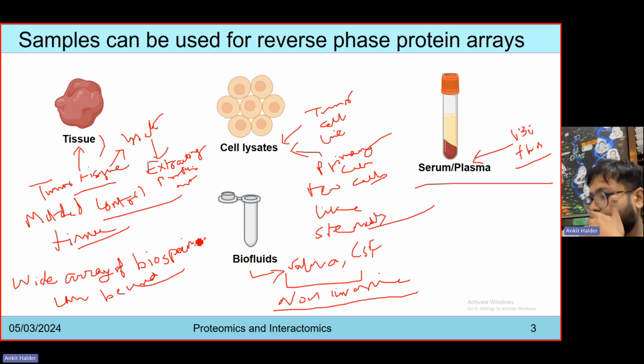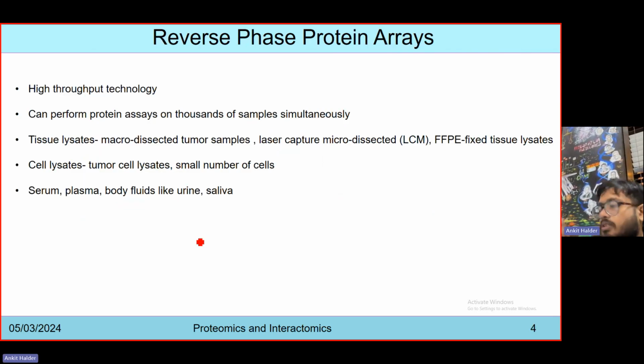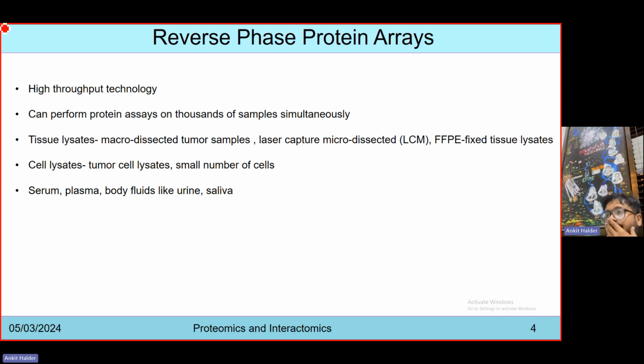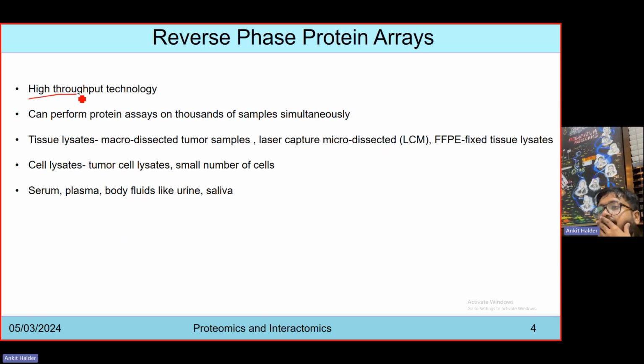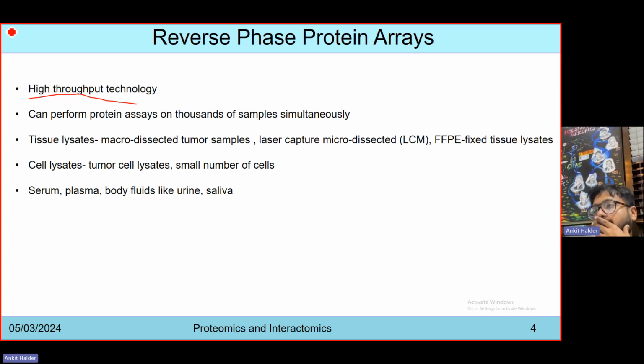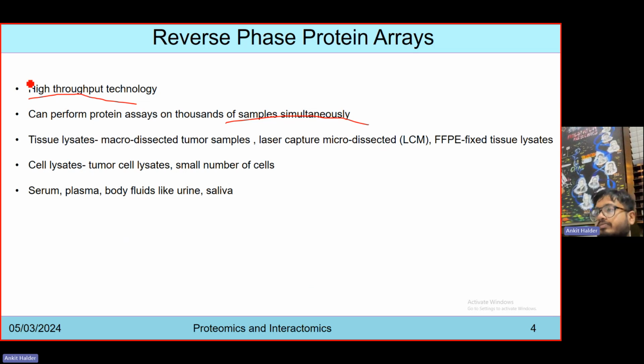Okay, but then what are the things that need to be kept in mind? We will look into that. So just to summarize, reverse phase arrays are a high throughput technology. You can understand it's quite robust, can perform on thousands of samples simultaneously.